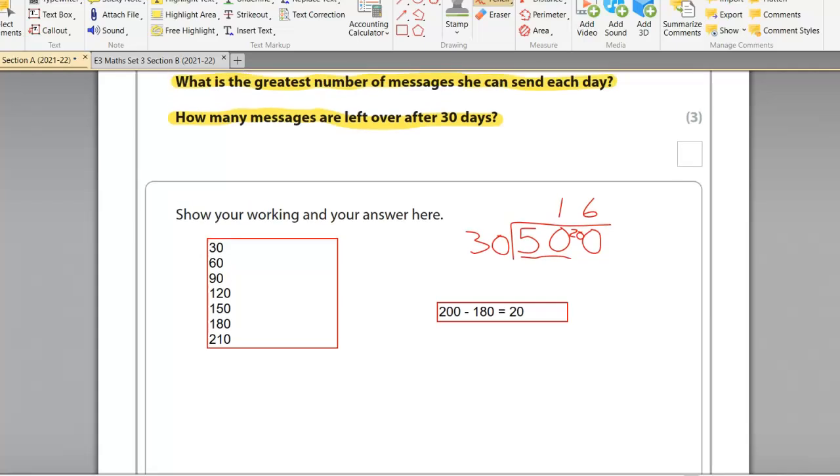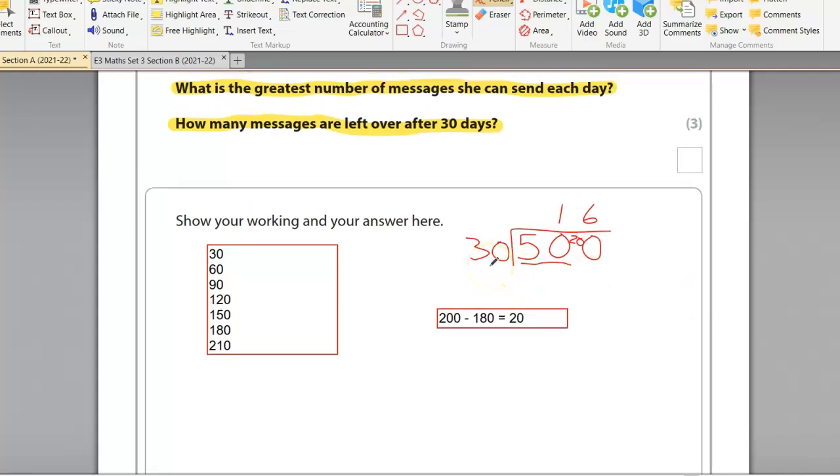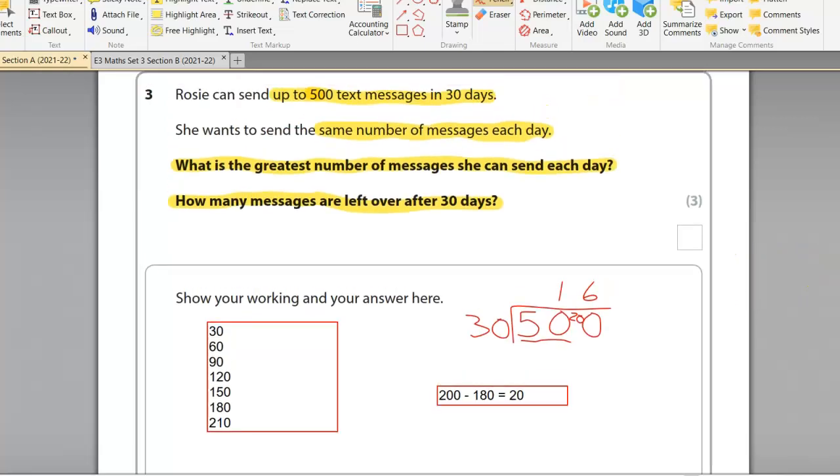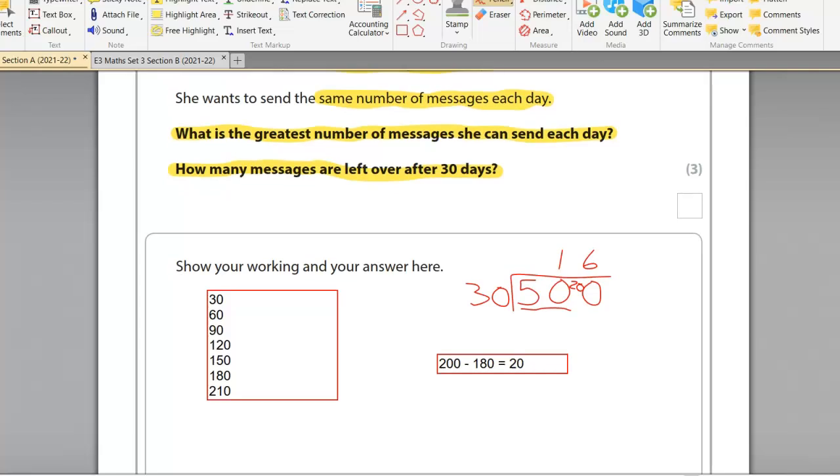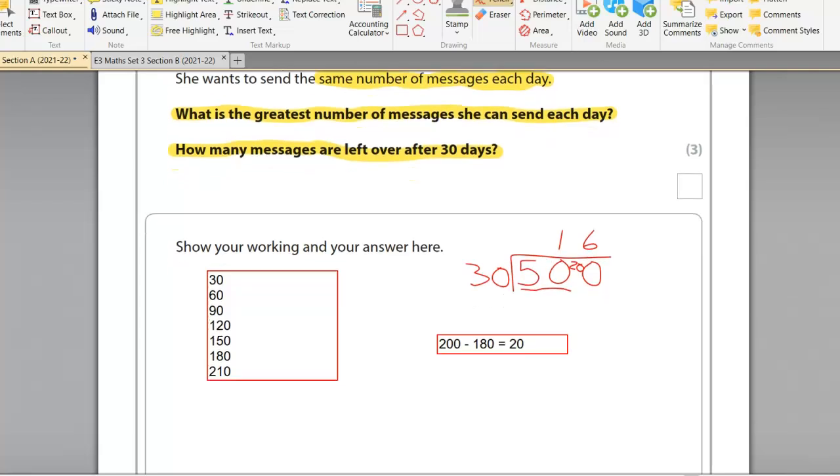With 16 messages every day for 30 days is going to make 480 messages. That would be 16 times 30. That would be 480 messages, and there's going to be 20 messages left over.